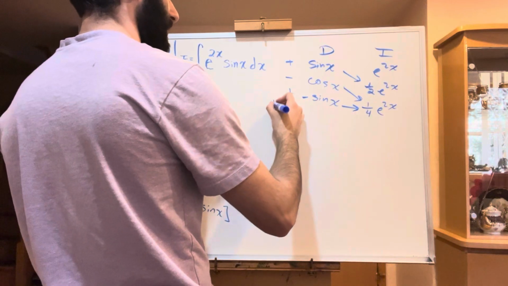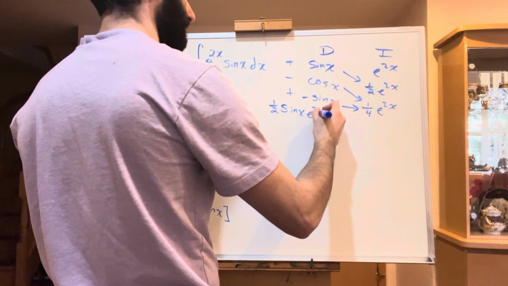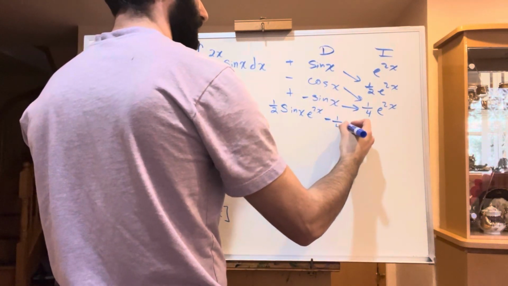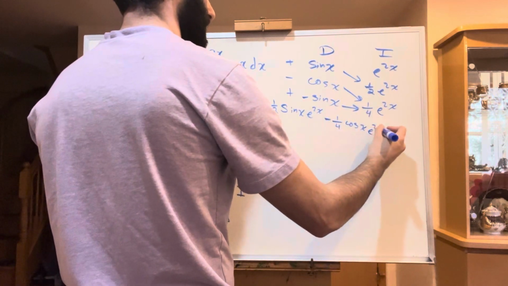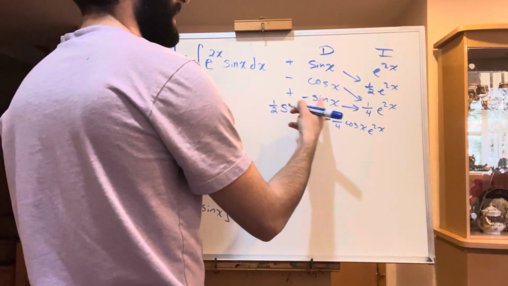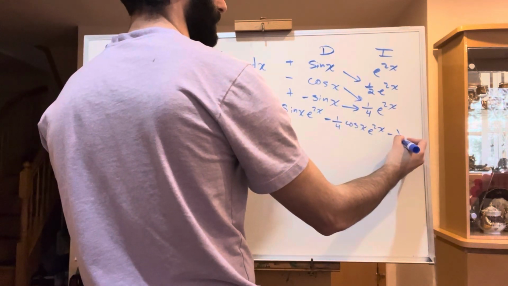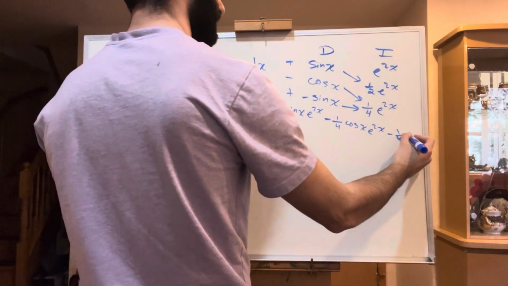We get 1/2 sine x e to the 2x minus 1/4 cosine x e to the 2x minus 1/4 I, right?